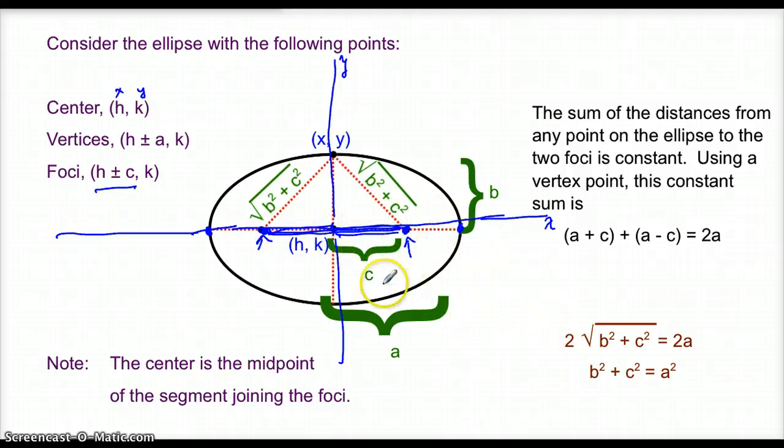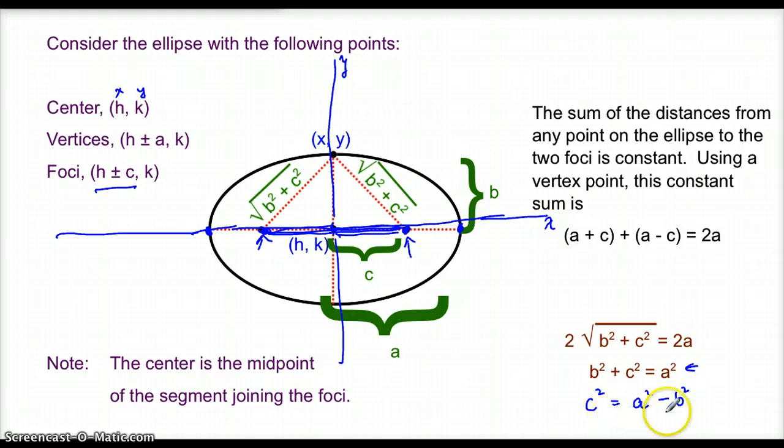One final thing: we could use the Pythagorean theorem to get some lengths of these triangles, but in this case, c is not the hypotenuse of this triangle, so things come a little bit differently. If I wanted to solve for c, this is the important thing you need to know: c squared is equal to a squared minus b squared.